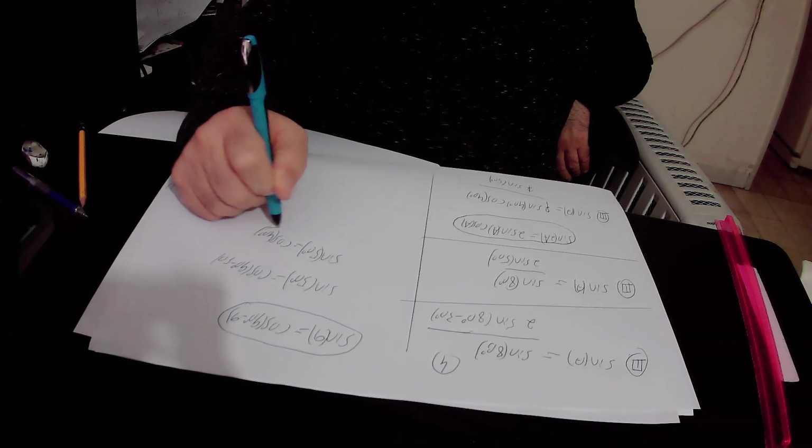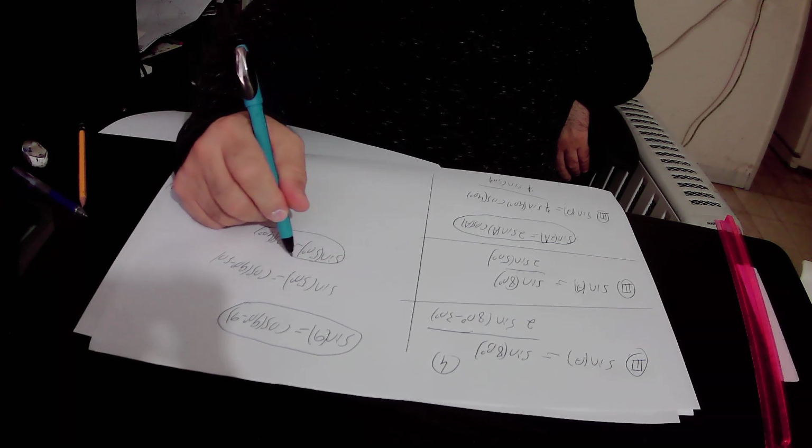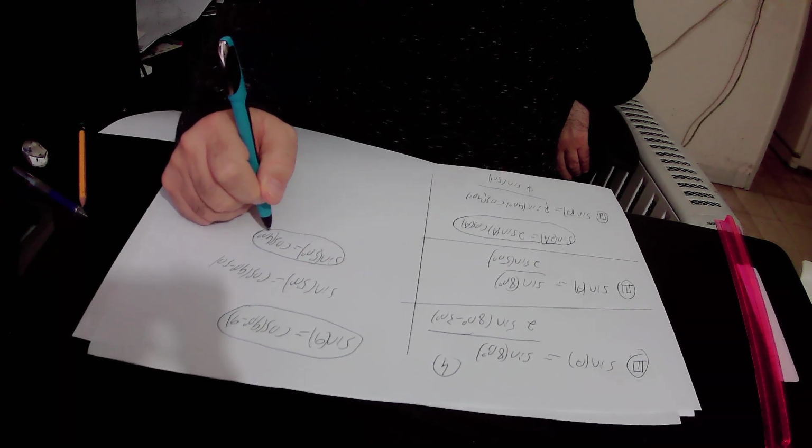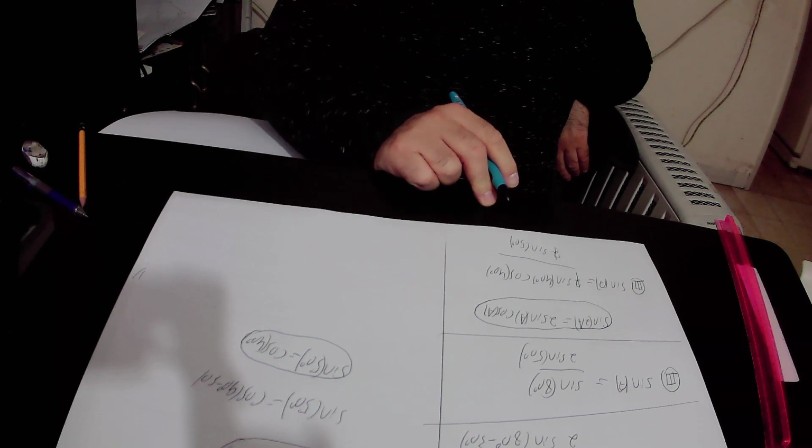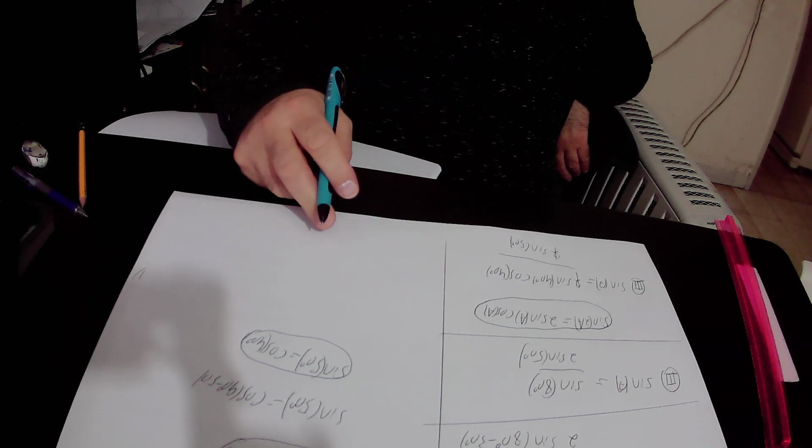So we actually can substitute sine 50 degrees in equation number 3 by cosine 40 degrees.